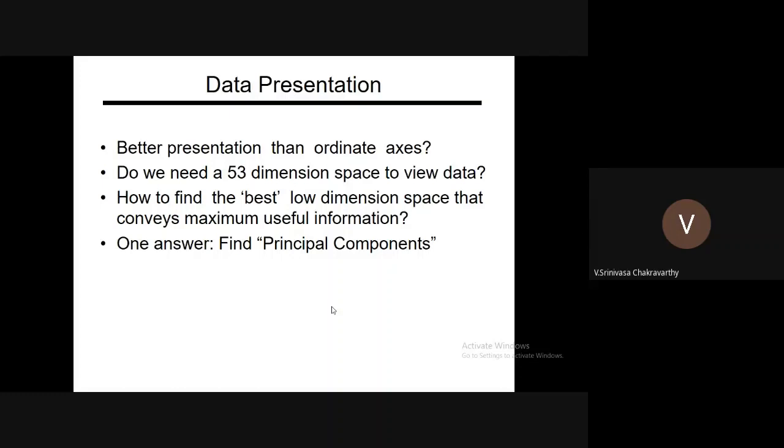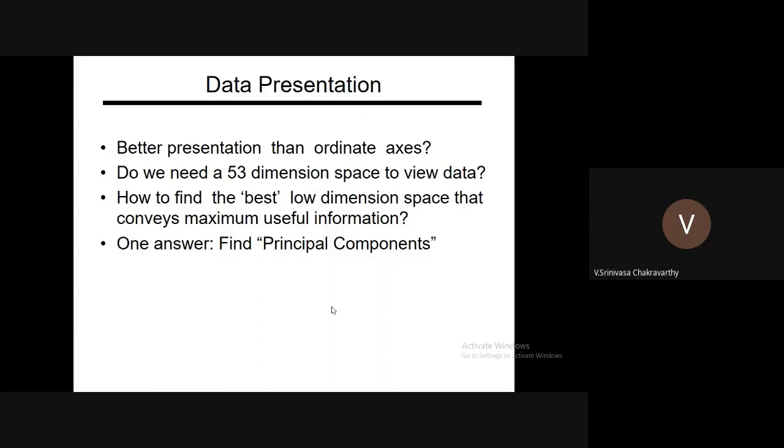So the intuition behind this whole algorithm is to transform these high-dimensional vectors into a low-dimensional space in such a way that the differences in the higher dimensions are captured to the best possible extent in the lower dimensions.